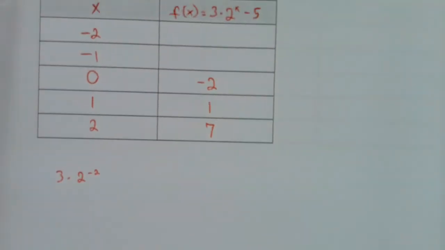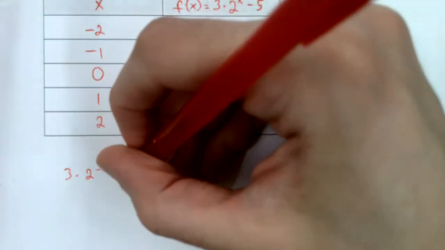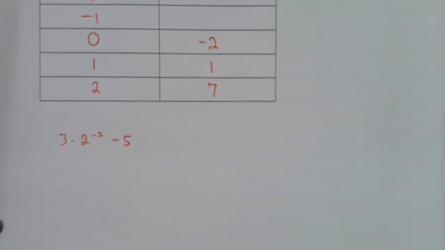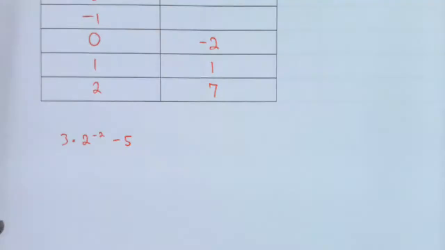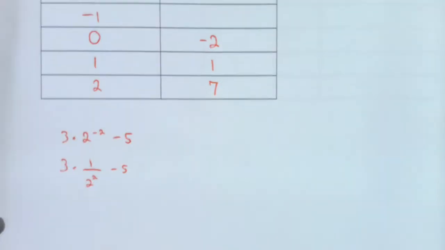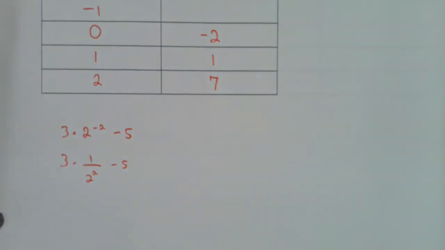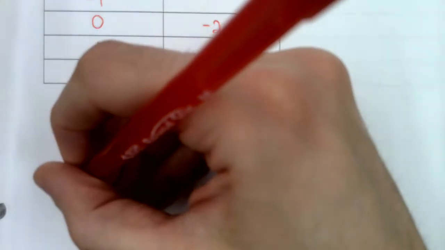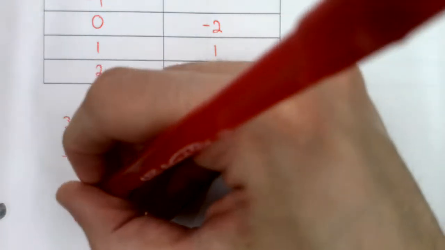When x is -2, that means you have 3 times 2 to the -2 power, minus 5. Think of that as 3 times 1 over 2 to the positive 2 power, minus 5. So think of that as 3 over 4 minus 5.